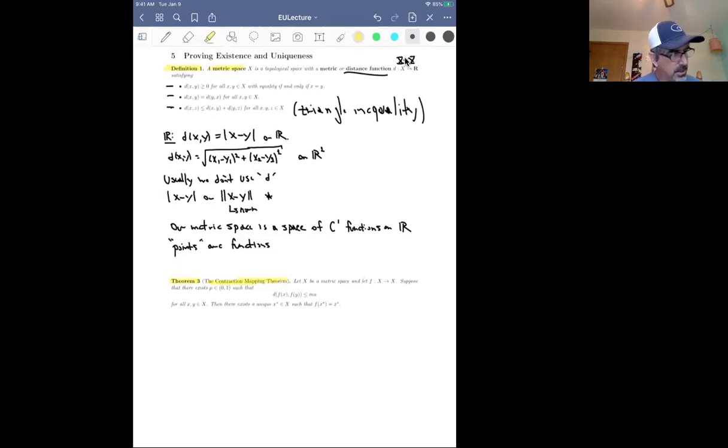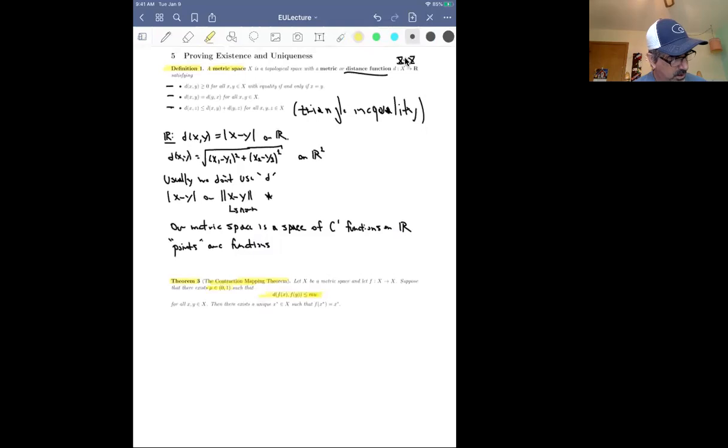And it says, suppose that there exists some mu that is greater than 0 but less than 1, and the distance between f of x and f of y is less than mu, and there's a typo, that should be the letter mu, not the word mu. Actually this whole thing is wrong.